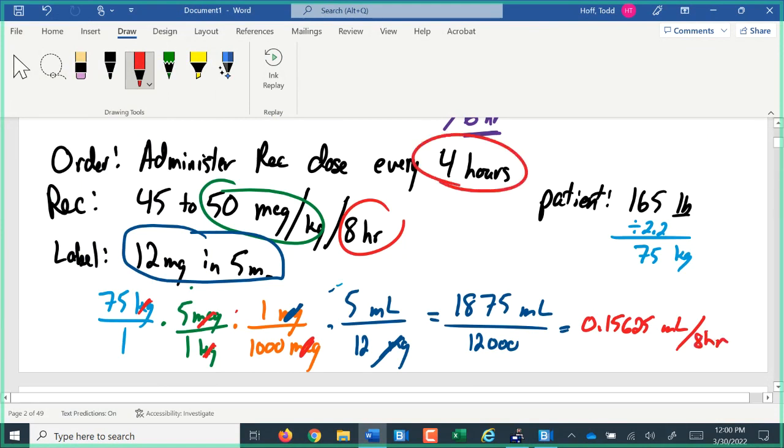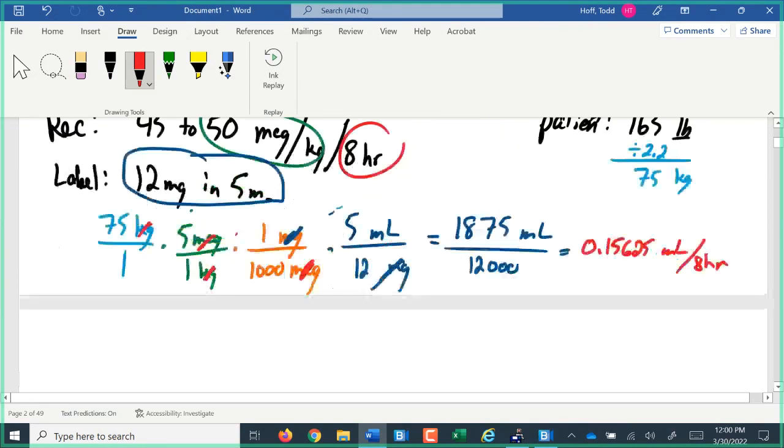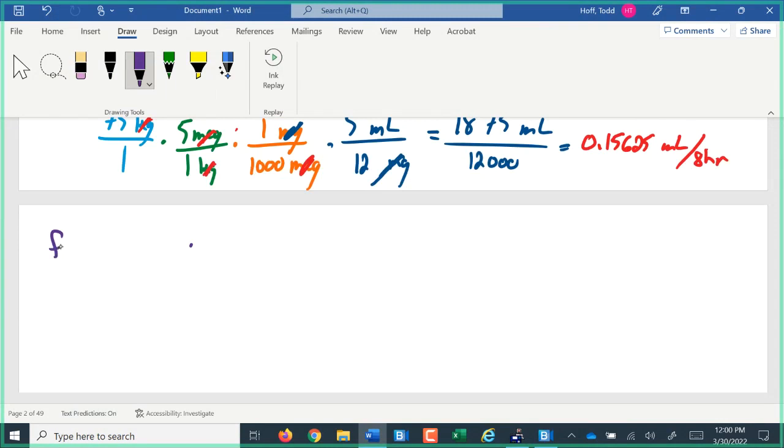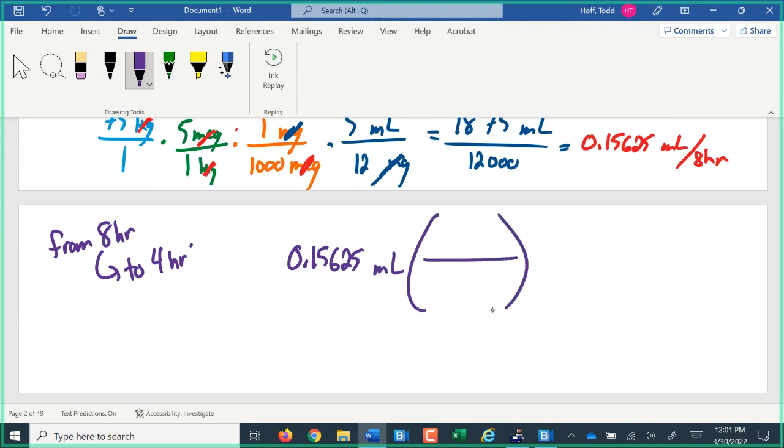The doctor ordered it to be administered every 4 hours, so we have to perform that titration. We're going from 8 hours to every 4 hours. 0.15625 milliliters. And again, we'll put the 8 hours on bottom because that's what we calculated that off.